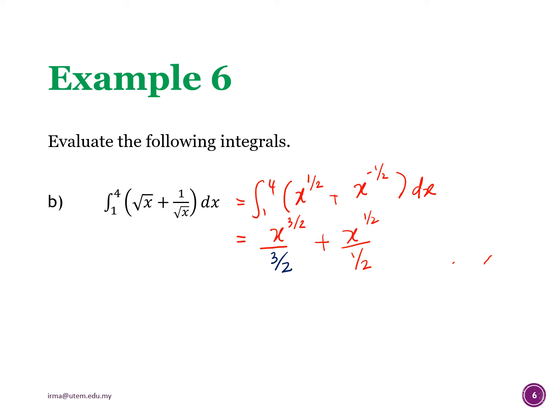So the limits is from 1 to 4. Restructure, so you get 2 over 3 x to the power of 3 over 2 plus 2x to the power of half.